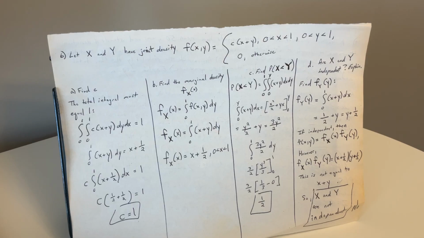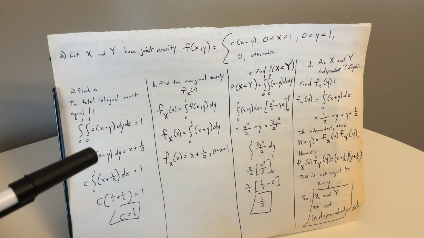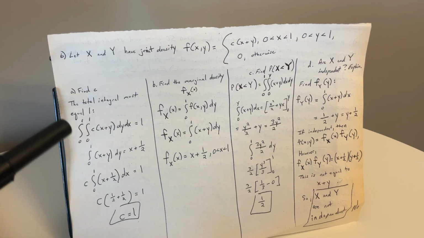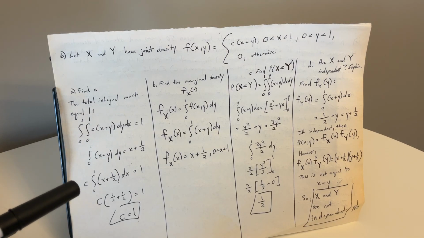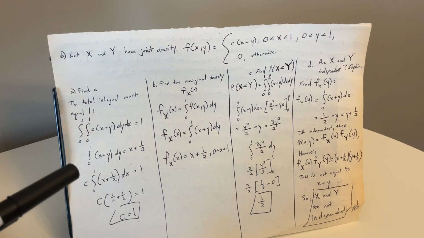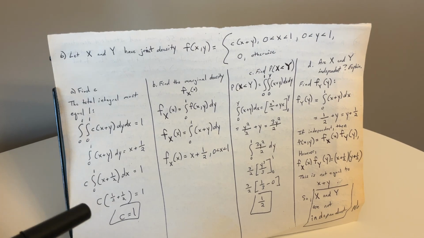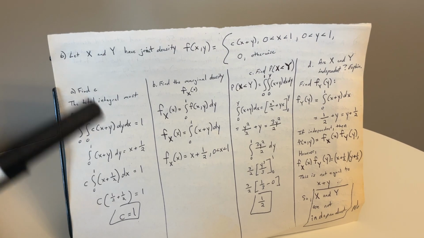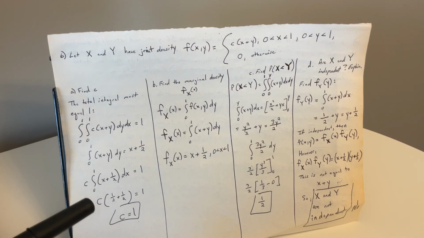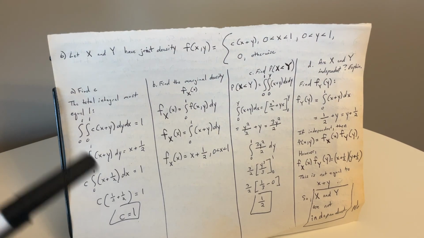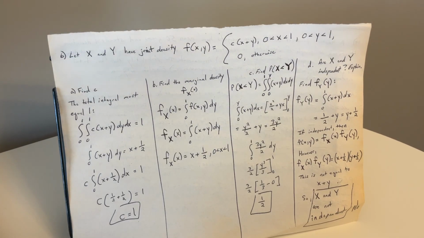So we set that up and we're going to integrate respectively. First with dy, we're going to get x plus 1/2, c on the outside, and now with respect to dx, get that 1. So after we perform the integration, it's going to be c times the sum of 1/2 plus 1/2. That's going to equal 1. So c equals 1.